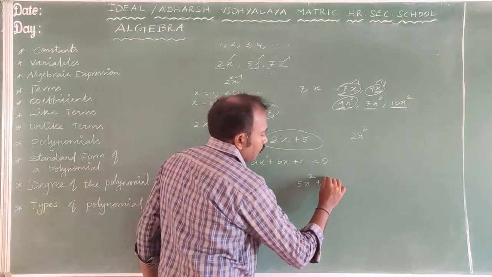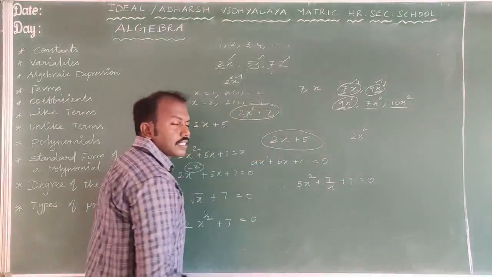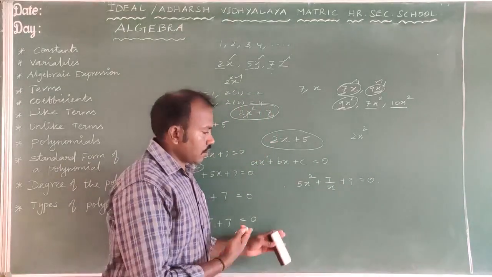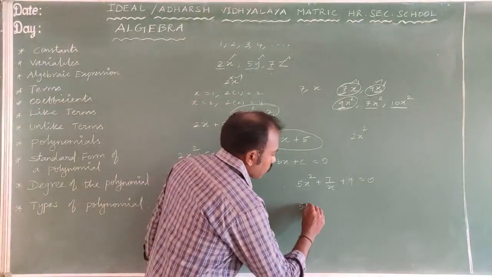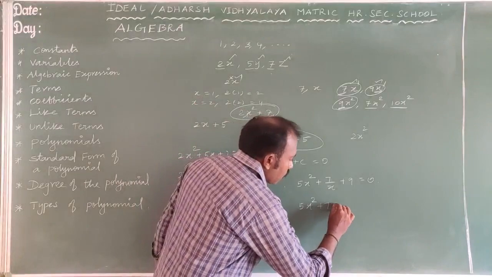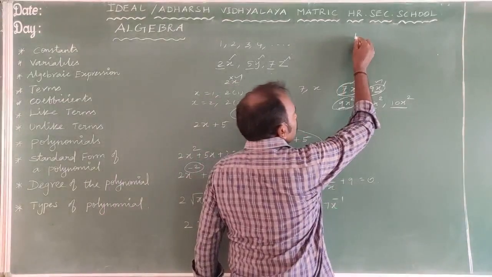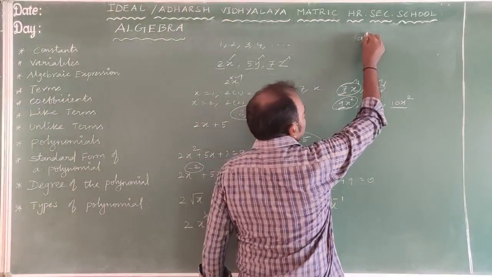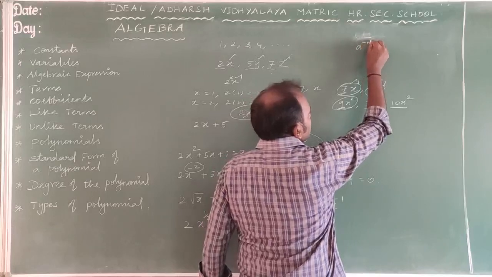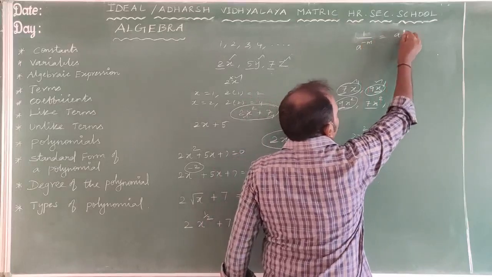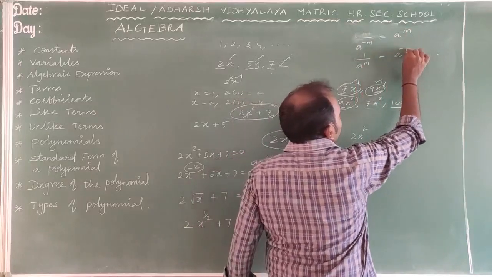5x squared plus 7 divided by x plus 9 is equal to 0. This is not a polynomial. How is it possible, sir? Sir, it is 5x squared plus 7 into x to the power minus 1, because a to the power minus m is equal to 1 by a to the power m.